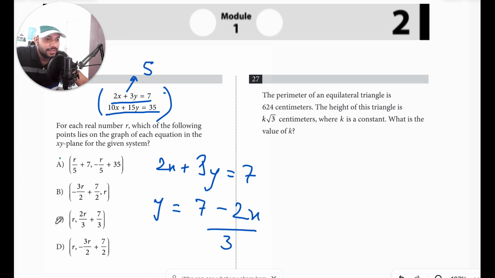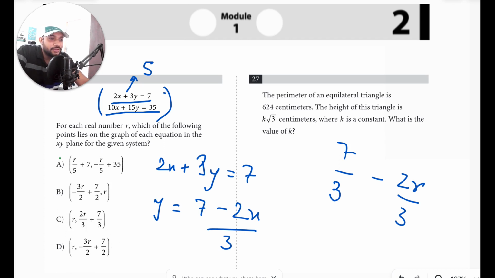So if x is r, that means 7 over 3 minus 2r over 3. Is it matching? It's not matching. Option C and D, it's not matching.